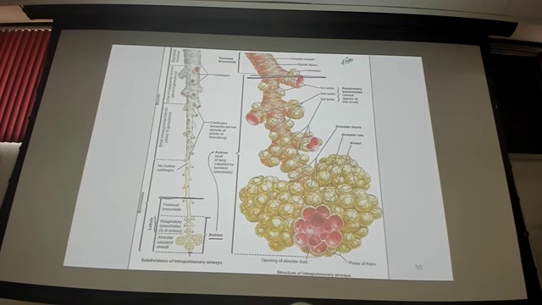All right? And then you get down farther and farther. From the respiratory bronchioles, you'll have alveolar ducts, which is like the stem of the bunch of grapes. Then you have the alveolar sacs, which to me looks like a bunch of grapes. And then the alveoli are the grapes.